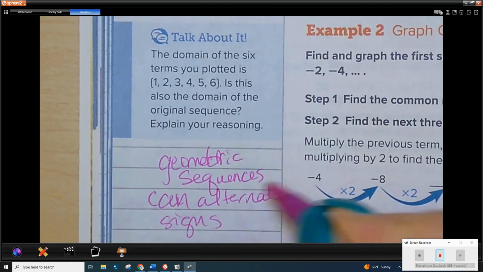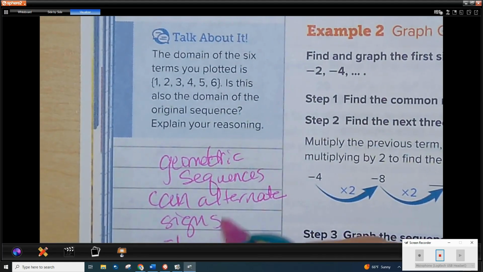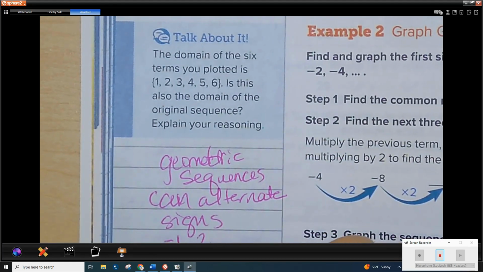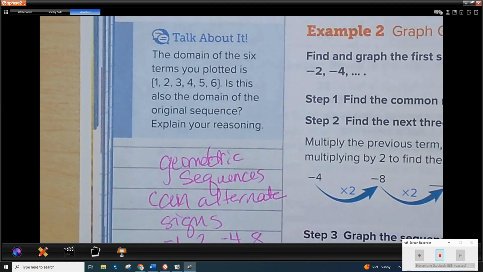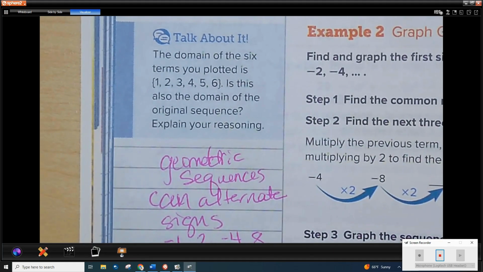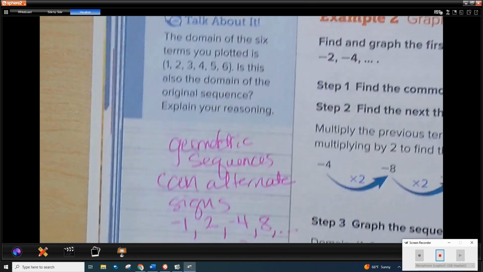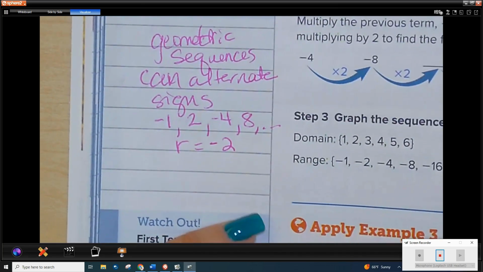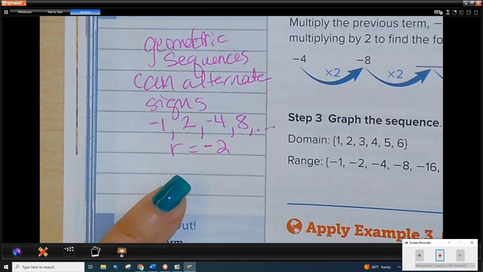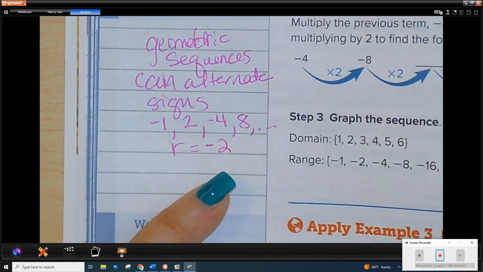I could have -1, +2, -4, +8, and then the ratio is a negative. That ratio would be -2. Okay, so you can alternate signs, and when you do, your ratio is a negative.